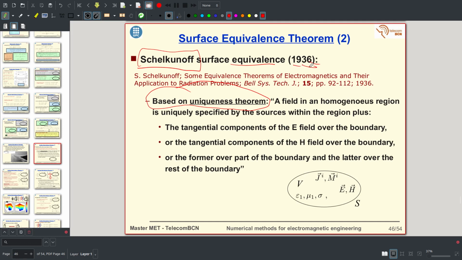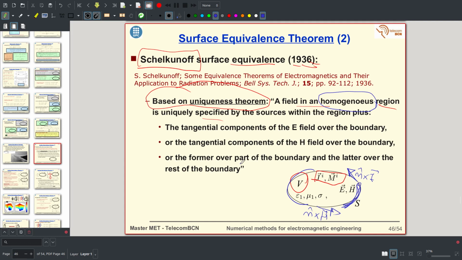And I remind you about uniqueness. It says that a field in a homogeneous, very important that the region must be homogeneous, the field in a homogeneous volume or region V is uniquely specified by the sources within the region, plus the tangential components of the electric field over the boundary, or the tangential components of the magnetic field, or the former in part of the boundary and the latter in the rest of the boundary.